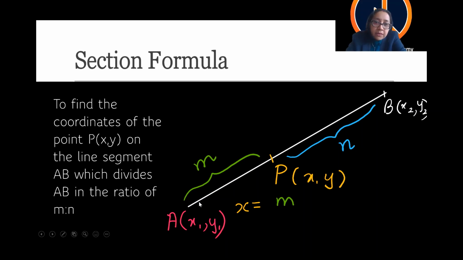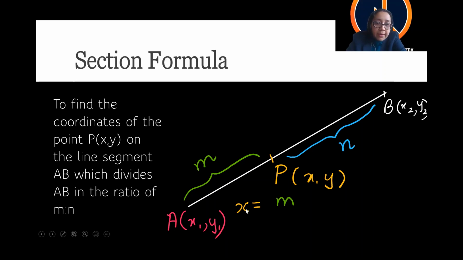Here, if you see AP is m and PB is n, so you have to multiply m with every coordinate of point B. This is vice versa, we have to remember. So m times everything at point B, and n times whatever is there with point A. It is just the opposite.